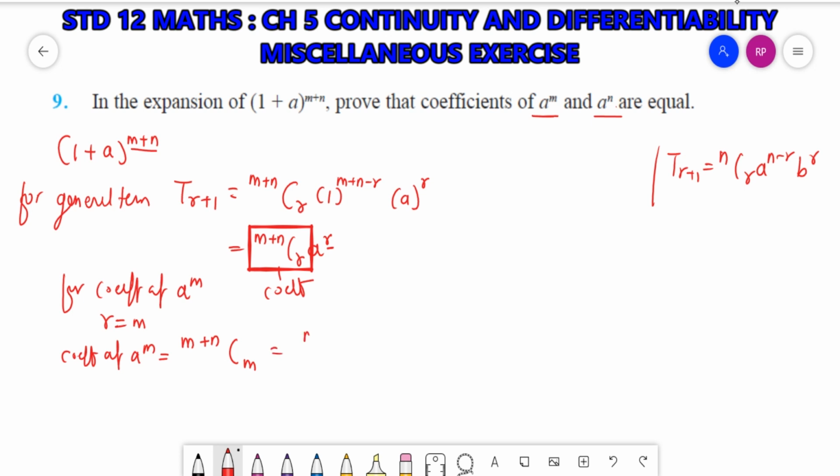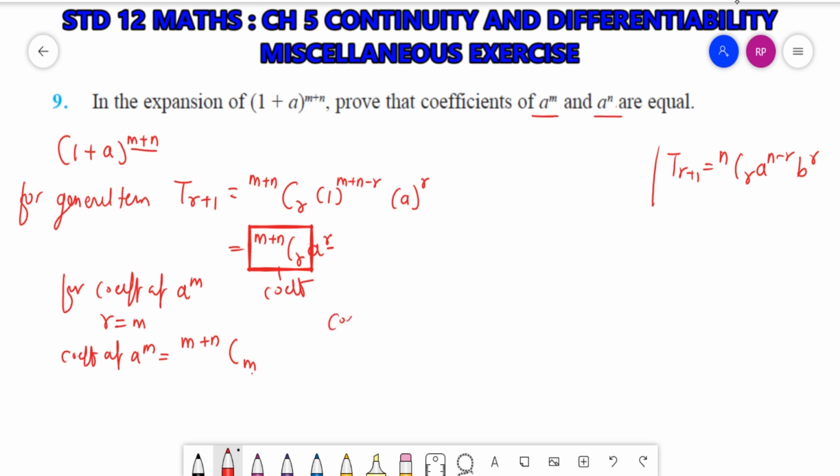This will be equal to (m+n)! upon m!(m+n-m)!, or else at present let's leave this only, m+nCm.